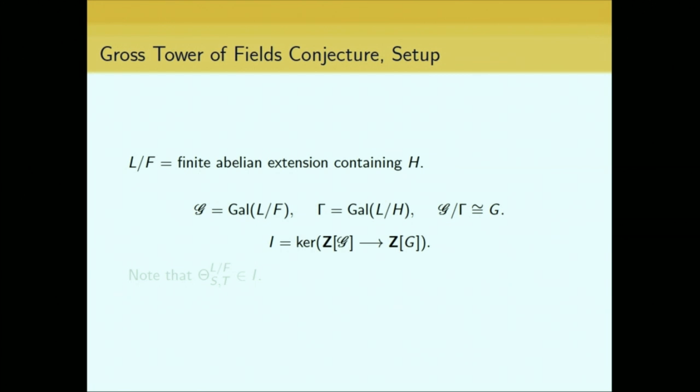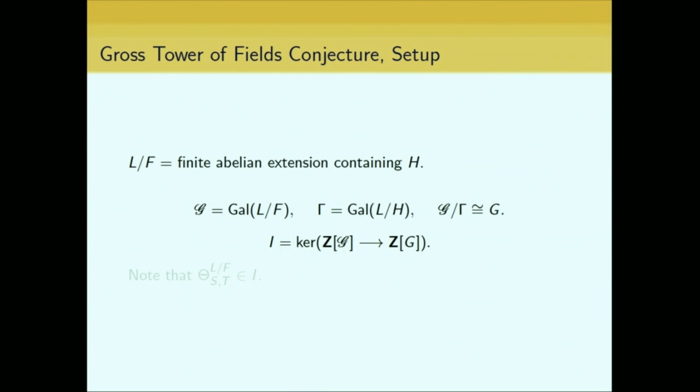H is only ramified at R, but then L is allowed to be ramified at P also, and P split completely in H. So S was R union P, where P was this prime that split completely in H. But now I'm allowing P to ramify in L. So now you need some more notation, which is script G is the Galois group of L over F.